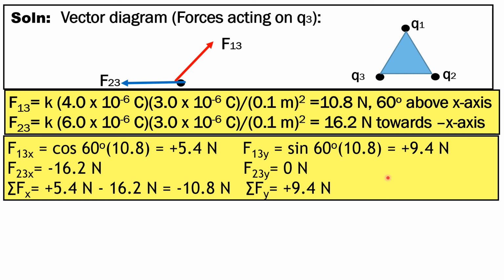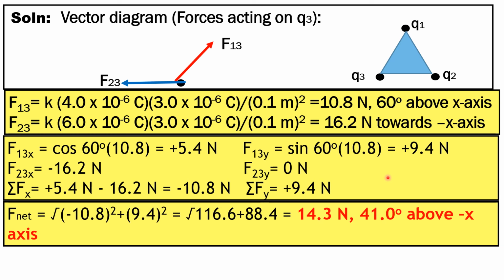So the last step is to get what we call the net force, because we are now left with the x and the y summation, and therefore we can easily use the Pythagorean formula, which is F net equals the square root of the square of each component, summation of Fx and summation of Fy, each of them squared.